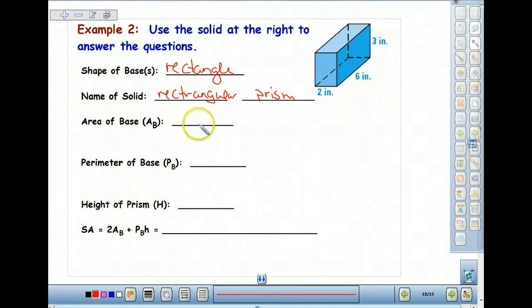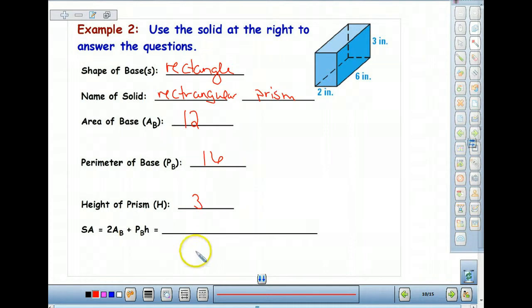Okay, so let's make the bottom of this my base, which in this case 2 times 6, the area of my base is going to give me 12. Okay, the perimeter of my base, I've got 2 plus 2 is going to give me 4, plus 6 is going to give me 10, plus another 6, my perimeter is going to be 16. Okay, and then my height, between my top and my bottom, my height is going to be 3.